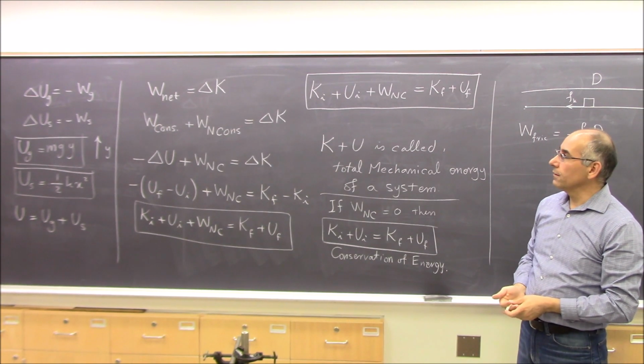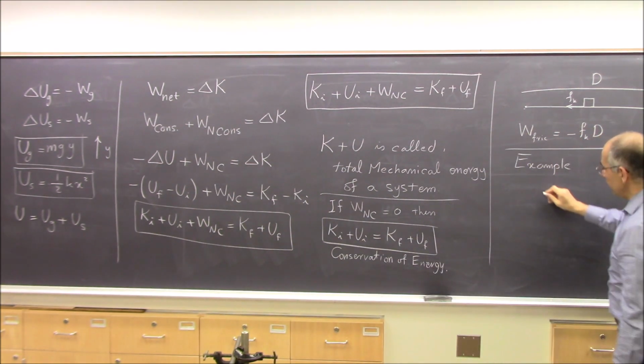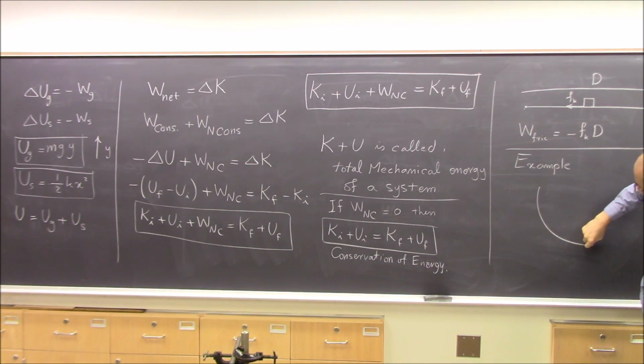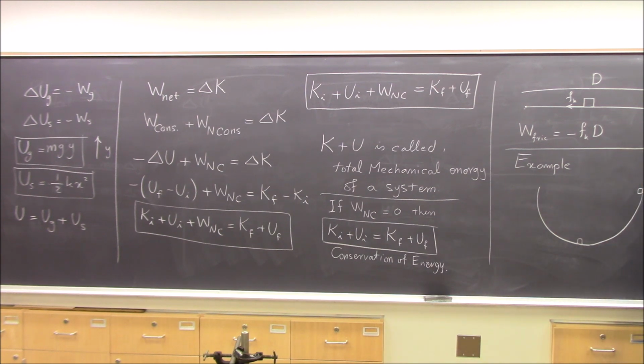For example, if you have a bowl like this, a hemispherical bowl, and you put a little piece of ice here, it slides to this point. You want to see how fast it's going at this point. And this has radius r, right?